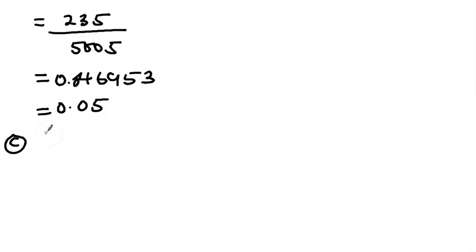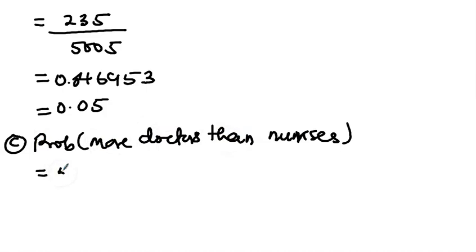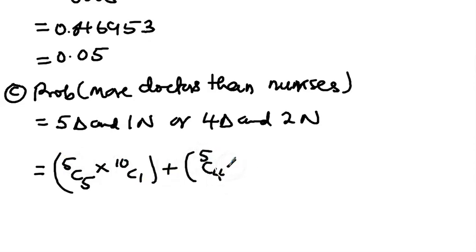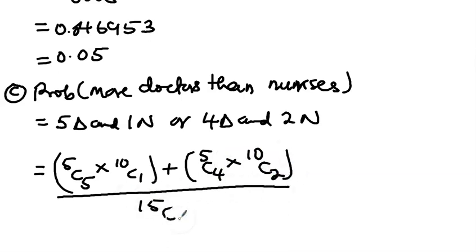So you choose all 5 doctors, and 1 nurse, or 4 doctors, and then 2 nurses. This is the same as 5 combination 5 times 10 choose 1, plus 5 choose 4 times 10 choose 2, over 15 in all, choosing 6.